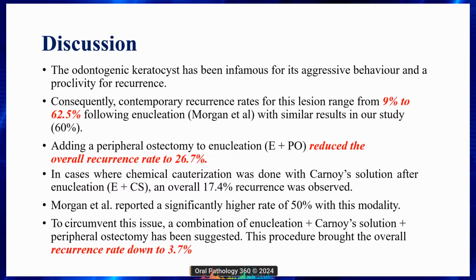In cases where chemical cauterization was only done with Carnoy's solution after enucleation, an overall 17.4% recurrence was observed. Morgan et al. reported a significantly higher rate of 50% with this modality, but our results showed a low recurrence rate with chemical cauterization only.